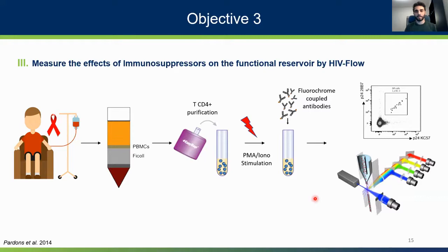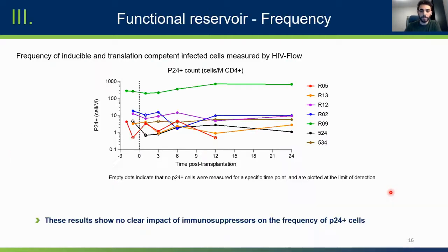So P24 expressing cells are considered the functional reservoir because a lot of the cells where we can find HIV DNA, that DNA doesn't necessarily will be intact. And so this allows us to determine and identify the functional reservoir.